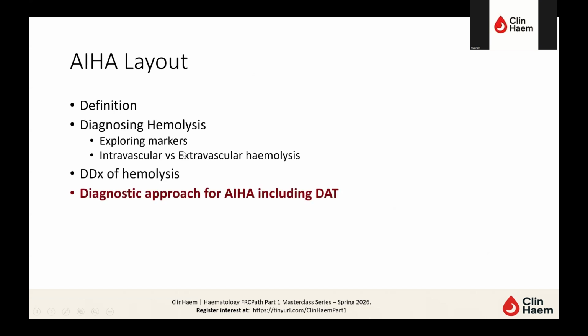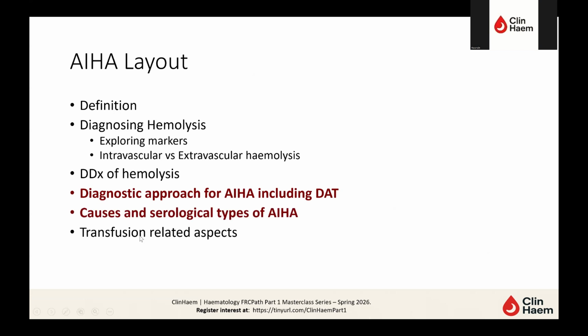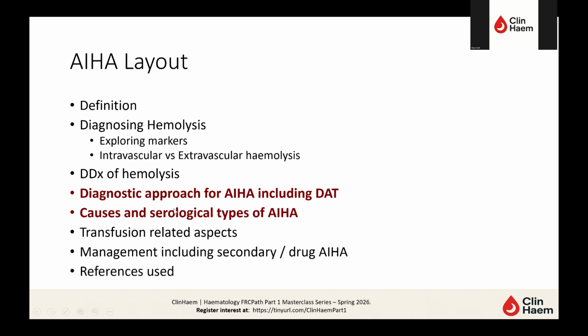What's the differential diagnosis? Then the diagnostic approach, including a few slides about direct Coombs test, and then causes and the serological subtypes of AIHA. If you are quite senior, you can probably sleep through this bit and the bit afterwards, but the bit in red is the one that confuses us the most.